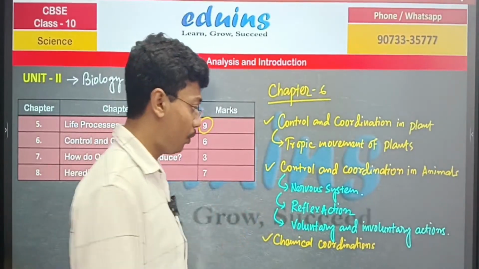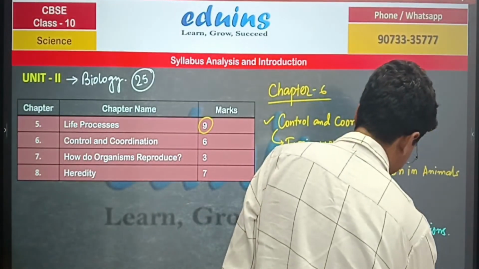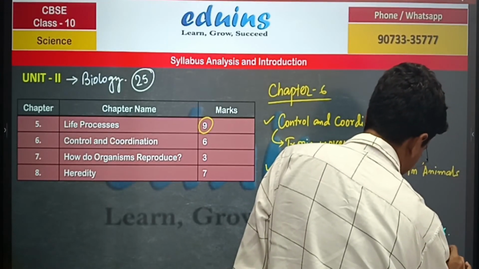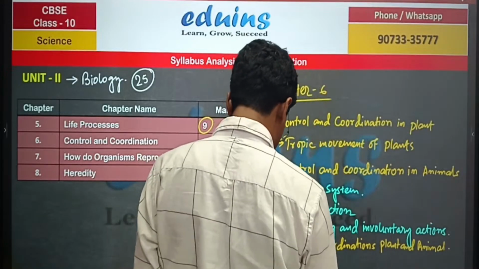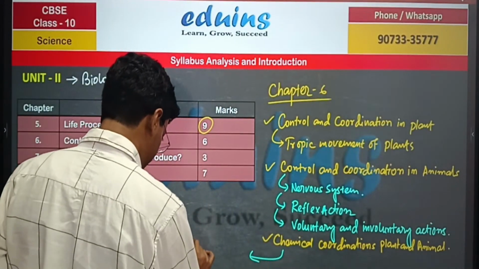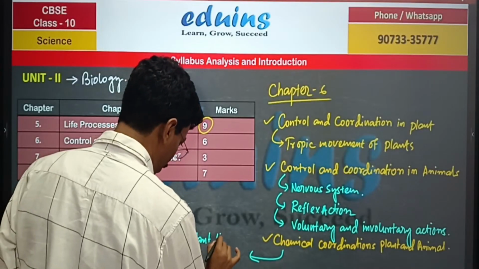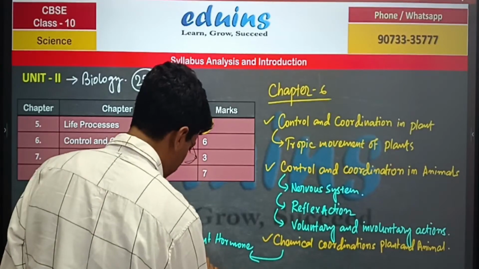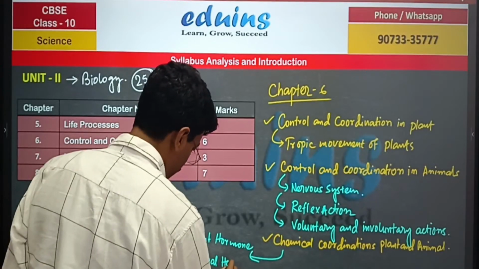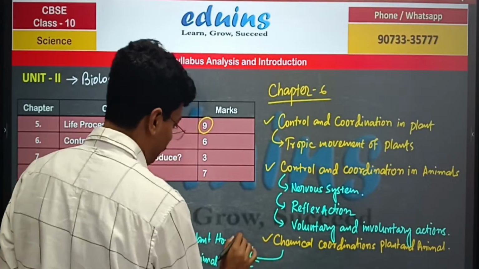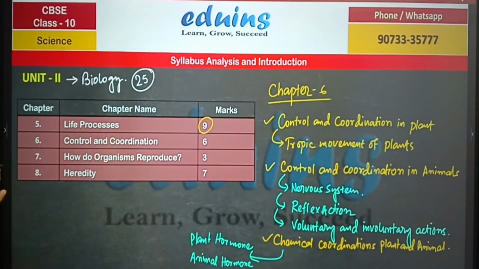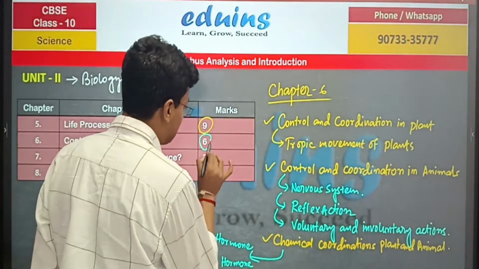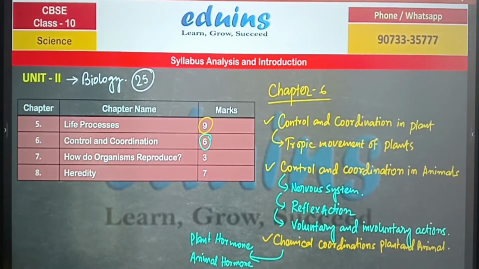We will study chemical coordination for both plants and animals. Basically, in this part we will study plant hormones and animal hormones. So in control and coordination we will get 6 marks in our board exam.